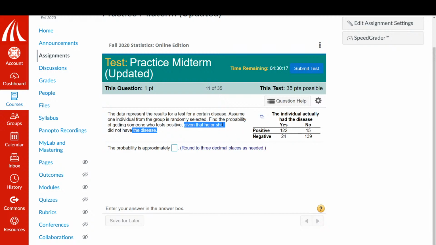Actually, not even 122. Find the probability of getting someone who tests positive given that he or she did not have the disease. So it's actually going to be 15 people tested positive and they did not have it, out of the total number of people who took it. Because it says this given part, we're restricting the total number of people to all the people who never had the disease. So 15 over 139 plus 15.